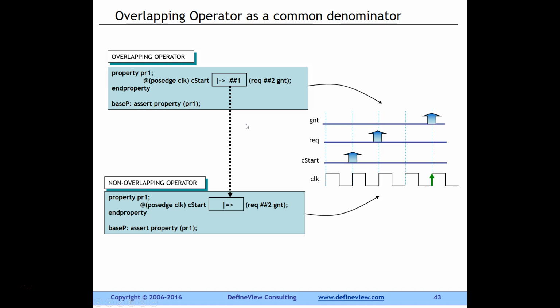That way, when you're debugging, you know that the antecedent and the consequent implication relationship is overlapping all the time. And that will definitely help you design and debug your assertions project-wide.